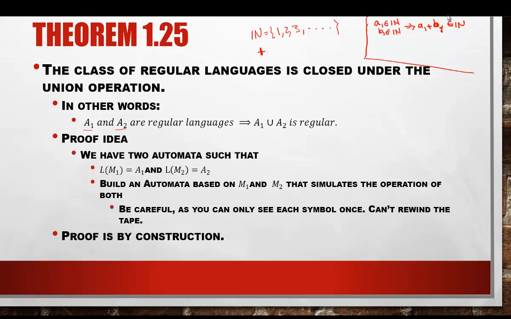But if you pick two natural numbers, 1 and 2000, and a gazillion and 2 gazillions for that matter, and you add them together, you still get a natural number. We call this a closure property, or we say that the set of natural numbers is closed under the plus operator.